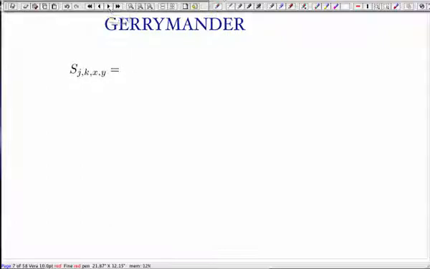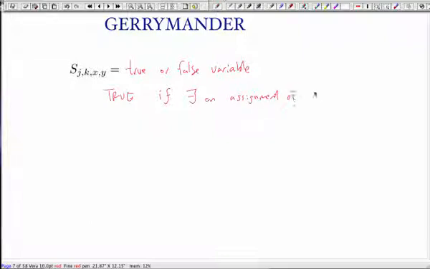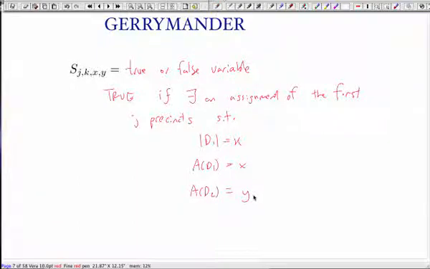S_jkx, it's going to be a true or false variable. And it will be true if there exists an assignment of the first J precincts such that the size of D1 is equal to K, and the number of people that vote for A in District 1 is X, and the number in District 2 is Y. Right?